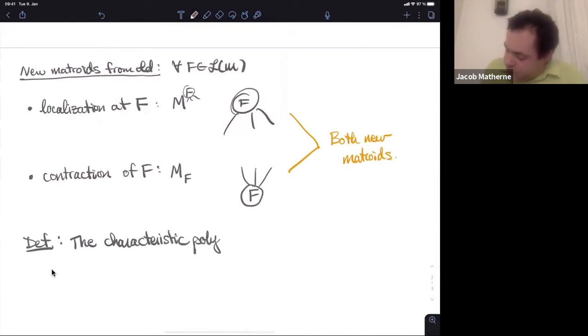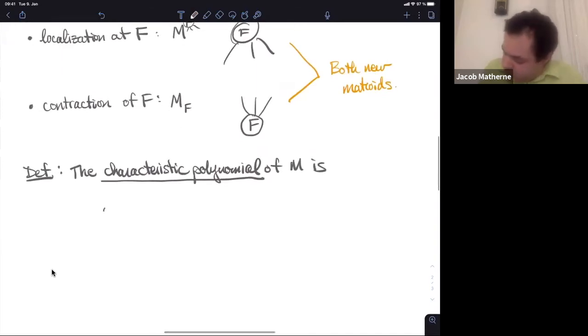So here's this thing called the characteristic polynomial of a matroid. I'll define it, and I'll give you an easier to remember definition in my main talk.